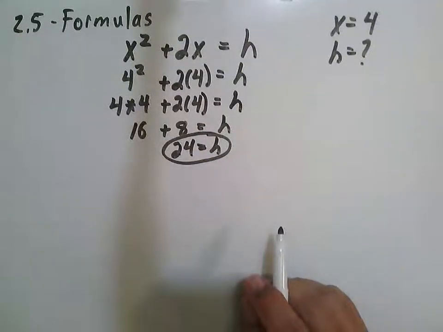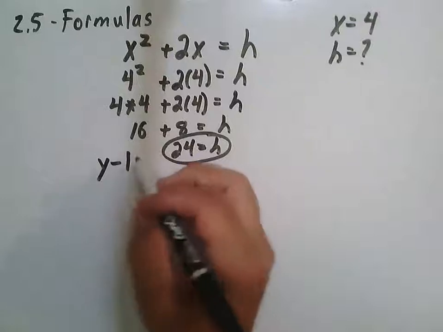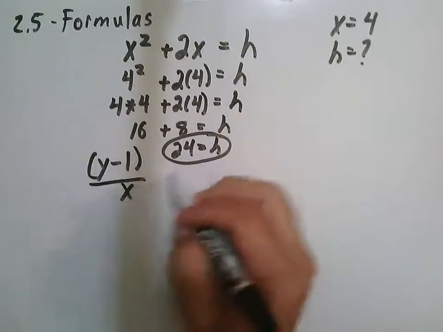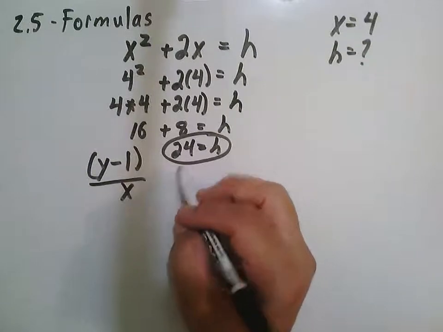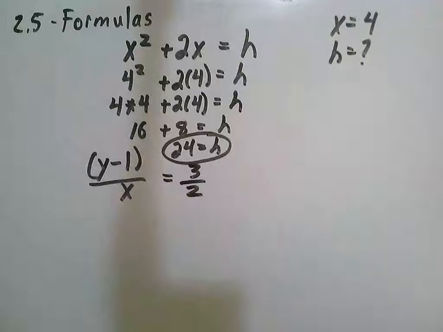Now, sometimes you can have different ones, and you can get fractions and different things like that. But let's say I had y minus 1, all of that divided by x, and all of that is equal to 3 over 2. All right. So this one's got a lot of different things going on, fractions and all that different kinds of stuff, but the process is going to be the same.